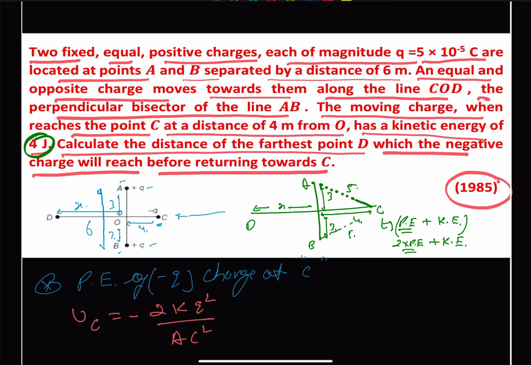AC we just found out is 5, and this comes as minus 2, and K is 1 upon 4 pi epsilon naught, that is 9 into 10 to the power 9. Charges are given as 5 into 10 to the power minus 5, whole square, and AC is 5 square.